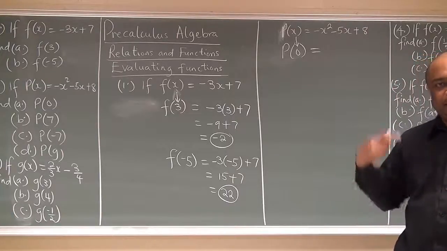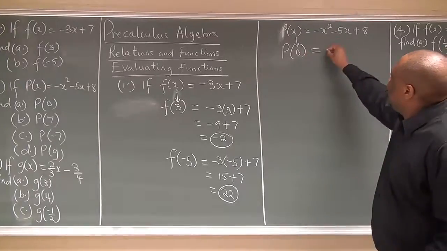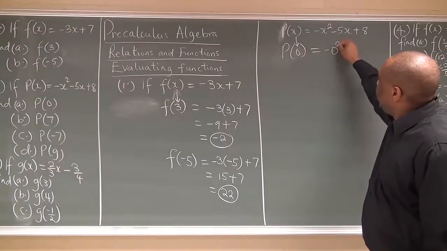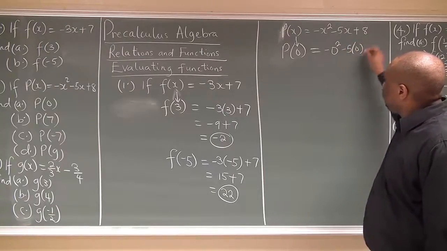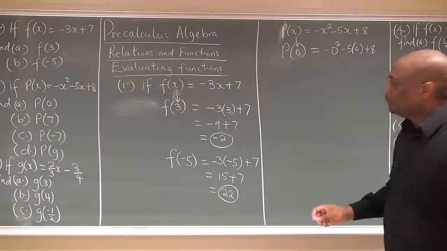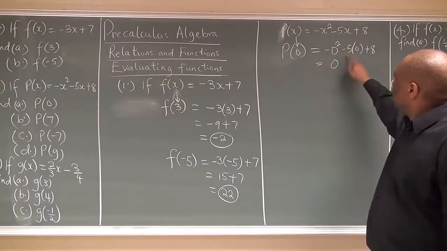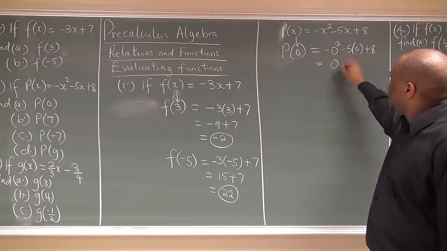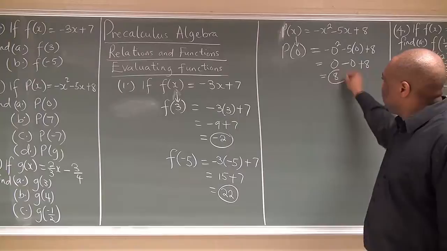So this will give you negative 0 squared minus 5 times 0 plus 8. Negative 0 squared gives us 0, minus 5 times 0 gives us minus 0, plus 8. And our answer becomes 8.